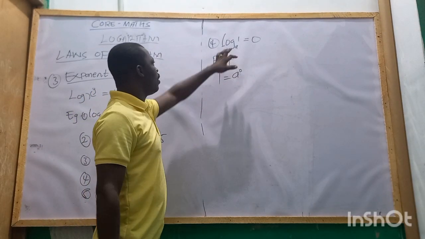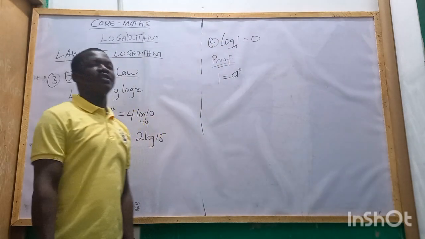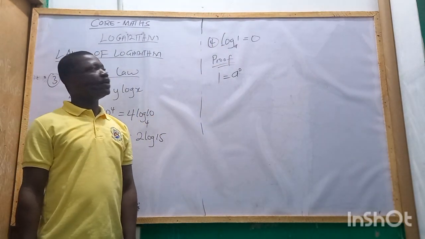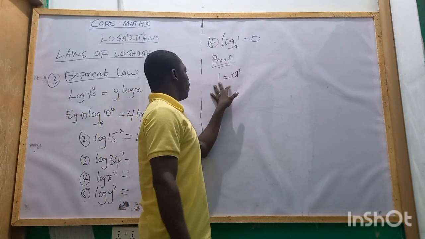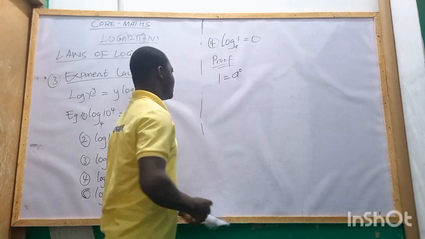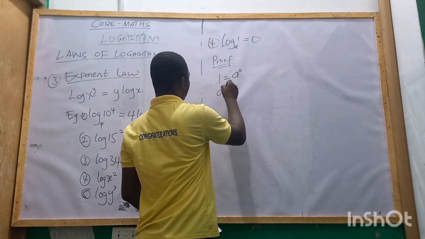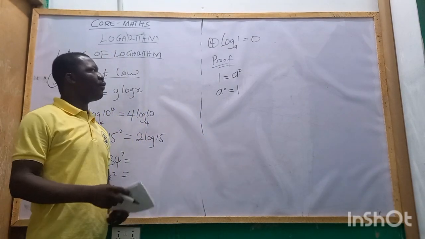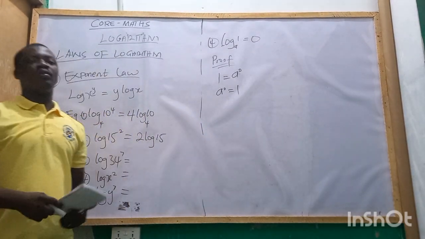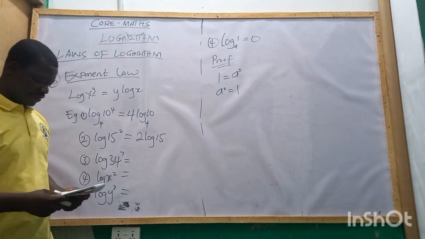That is why the log of 1 to any base is what? 0. So you just have to write the log in indices form. So in other words, A exponent 0 equal to 1. So that is why the log of 1 to any base is 0. Okay, so it's very simple.